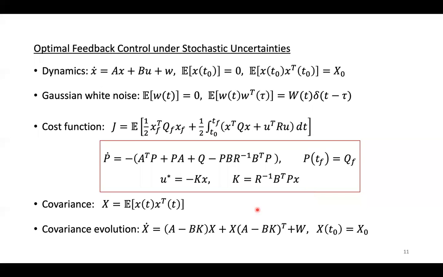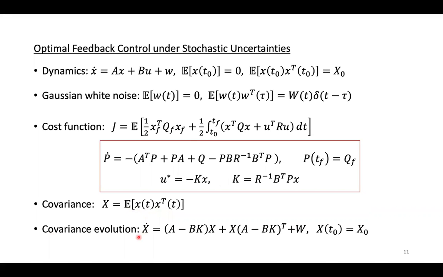And now, since you can only talk about the average trajectory or variation around the average trajectory, you can talk about covariance in this case, where the covariance at time t for the state is essentially the expectation of x(t) times x transpose of t.